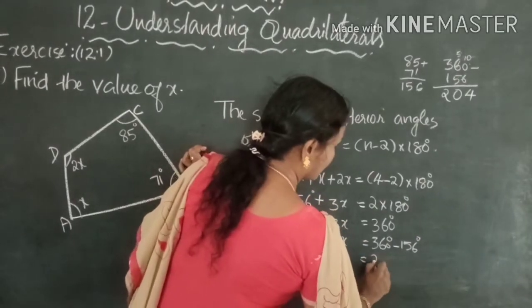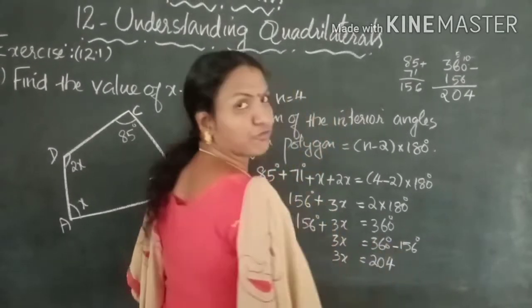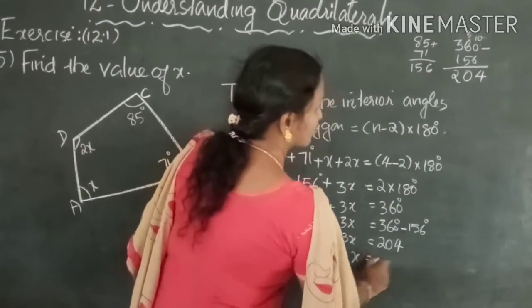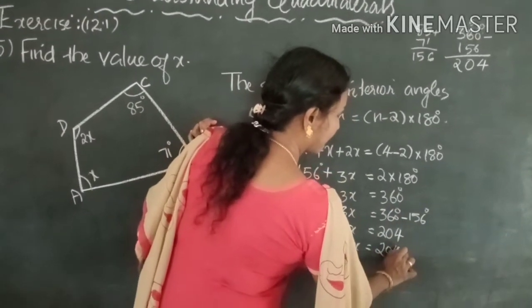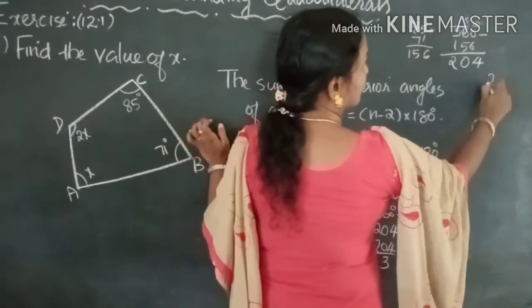So 3x is equal to 204. So x is equal to 204 divided by 3.